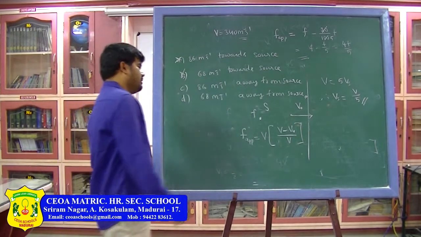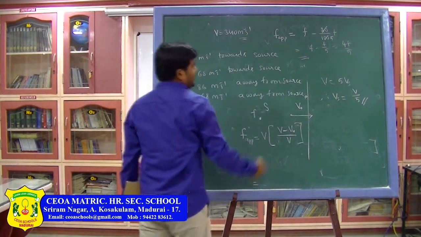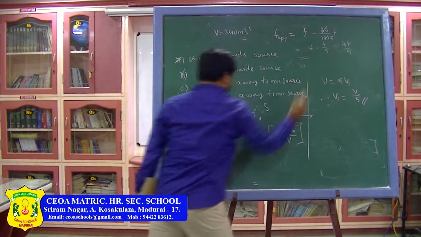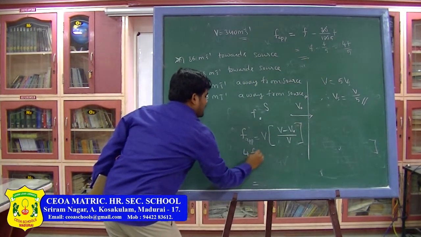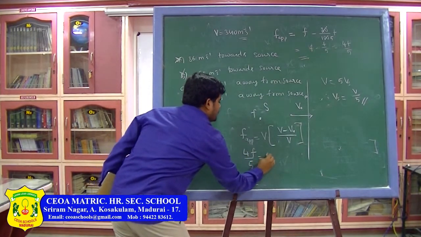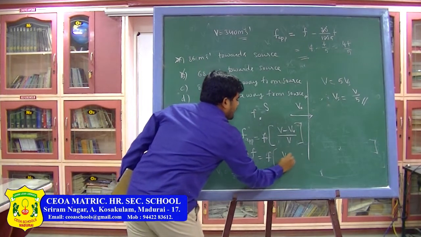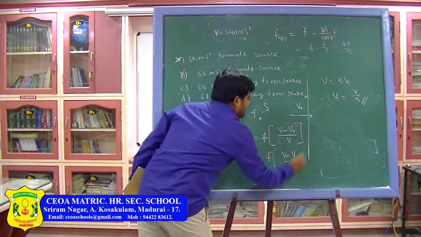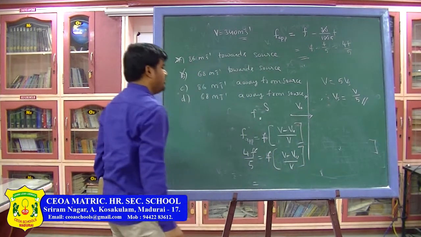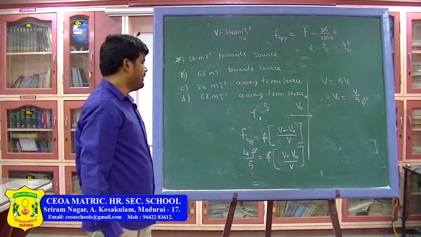Now, the apparent frequency given in the problem is 4f by 5, where f is the real frequency. So, 4f by 5 is equal to f into V minus V naught divided by V. Now, cancel f and simplify it for V naught.